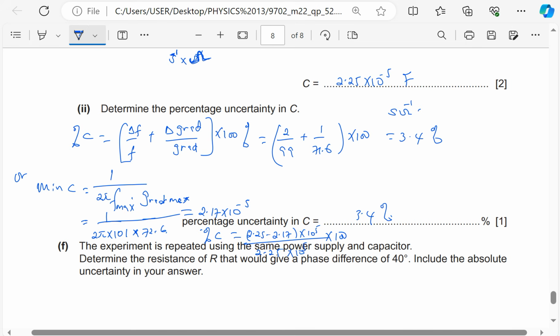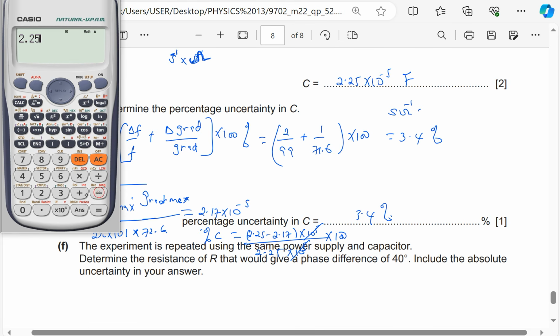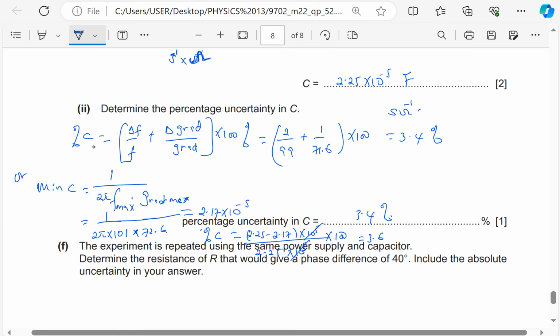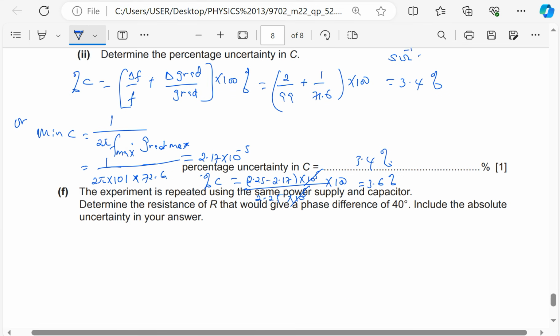The 10 to the power of minus 5 cancels. 2.25 minus 2.17 divided by 2.25 times 100 gives me 3.6%, very close to each other.